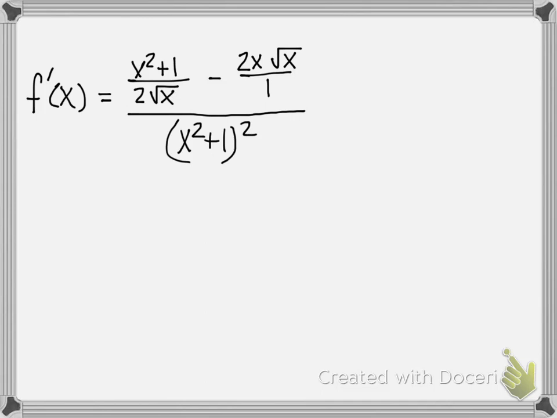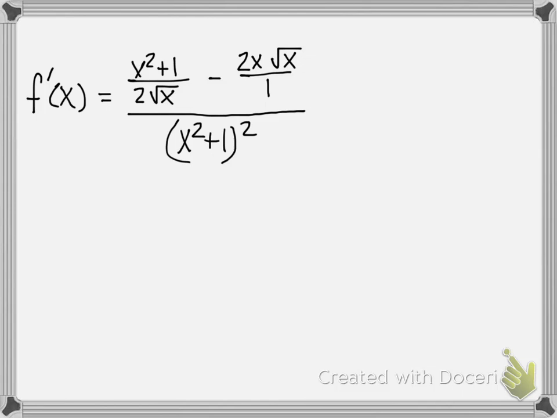Alright, so technically to do anything with the top portion here, as far as being able to subtract it, you'll notice on the left we have a 2 times the square root of x in the denominator, and on the right we just have 1.